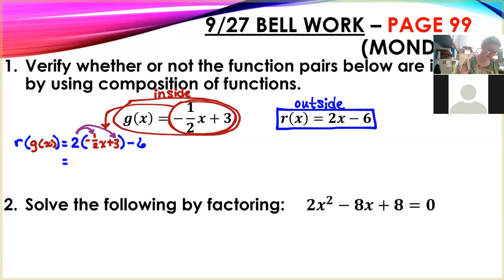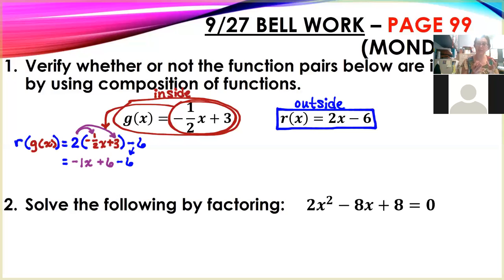So I'm going to have a negative 1x, and then I distribute the 2 to the 3, and when we distribute, we're multiplying. What is 2 times 3? 6. 6, awesome. So I have a plus 6 here, and then I have to bring down my minus 6 here.